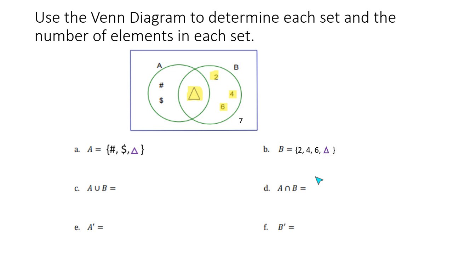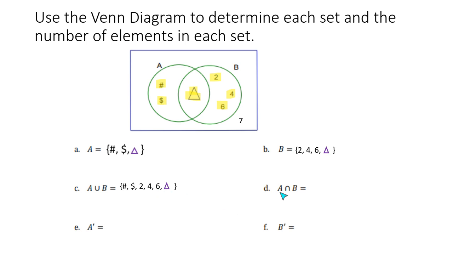For letter C, we have A union B. The union means everything in A and everything in B put together as one big set. So we would write it as pound, money sign, 2, 4, 6, and the triangle.